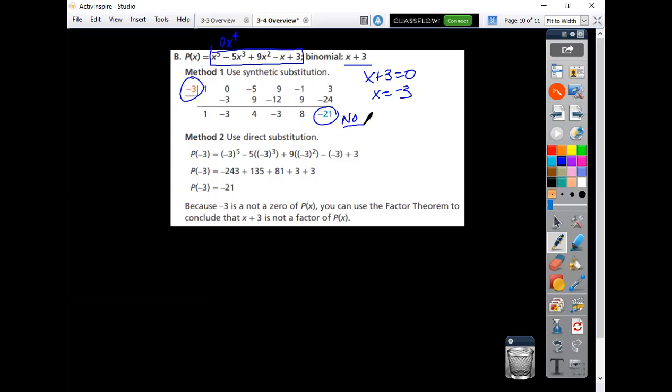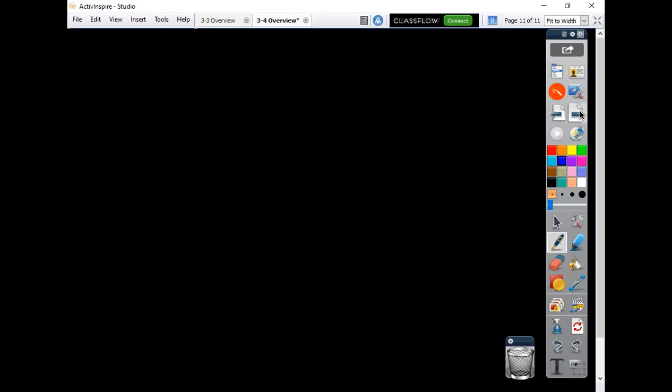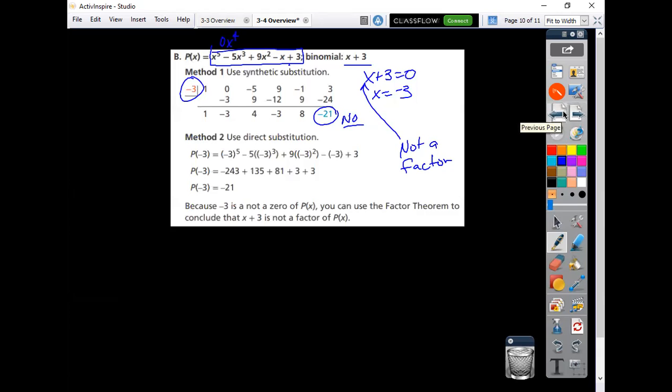No. So then x plus 3 is not a factor of the original polynomial that's boxed in blue at the top. Okay, so using synthetic division to check to see if it's a factor. And that's the last example that we have. Long division and synthetic division help find factors of polynomials.